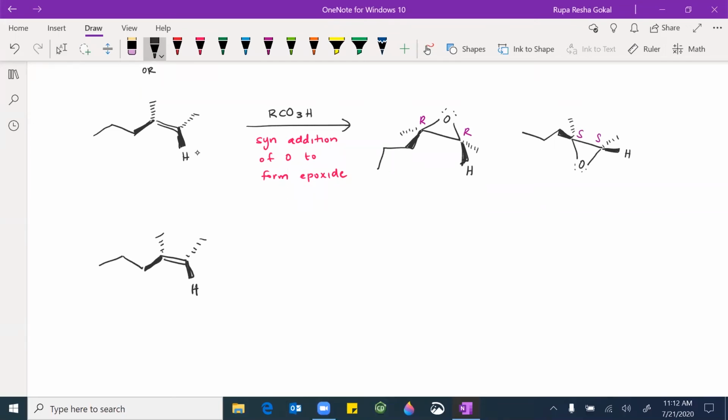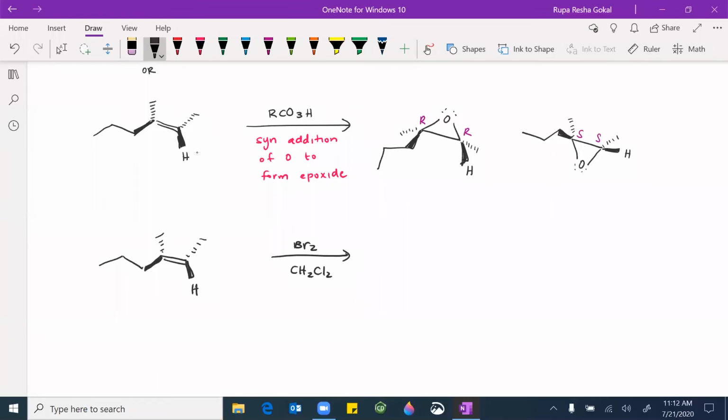If I introduce Br2 in a nonreactive solvent like CH2Cl2, I'm just doing a dihalogenation. That has anti-stereochemistry because the mechanism goes through a bridge that is then opened up.